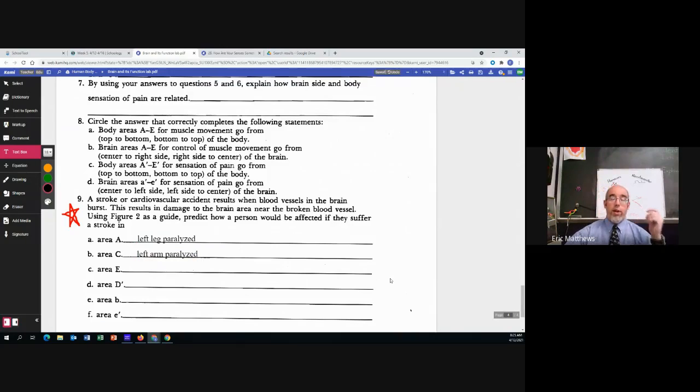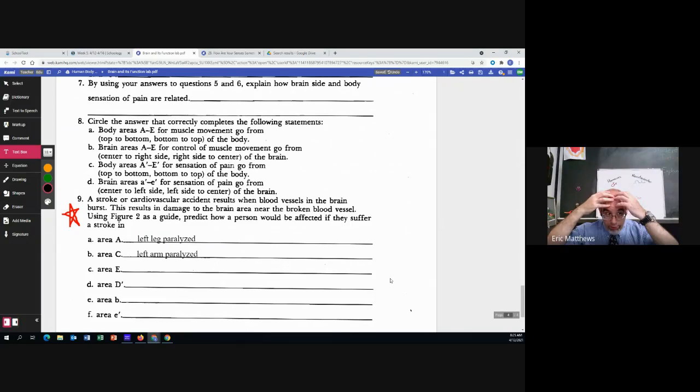So when somebody suffers a stroke, and we quite often see partial paralysis in their face and their body, understand why. It's because the different functions of the brain are separated into the left and the right hemisphere.